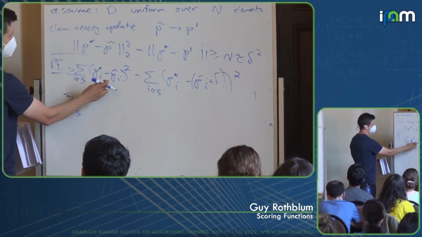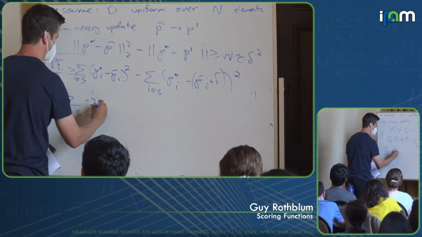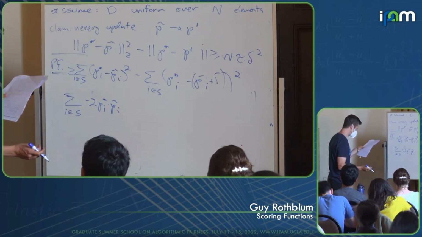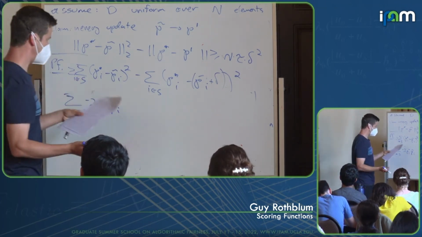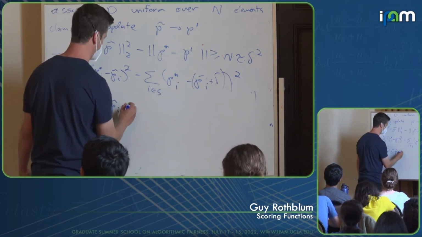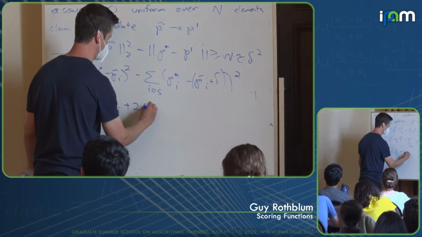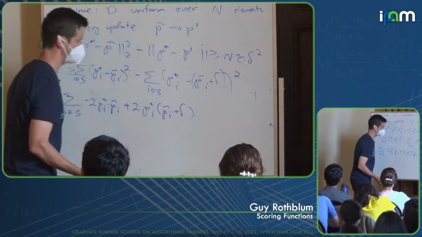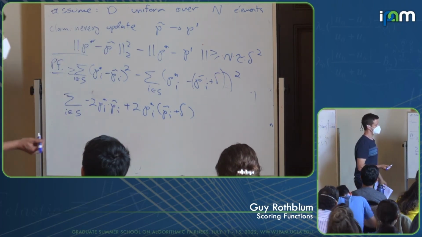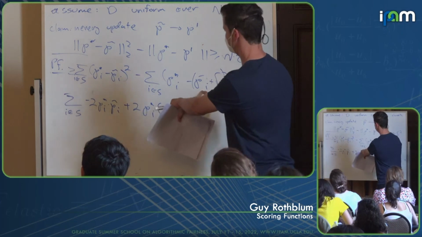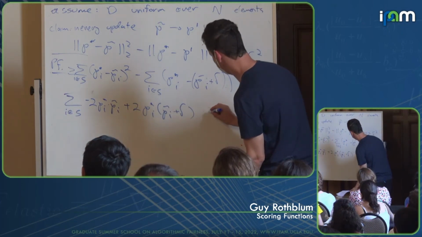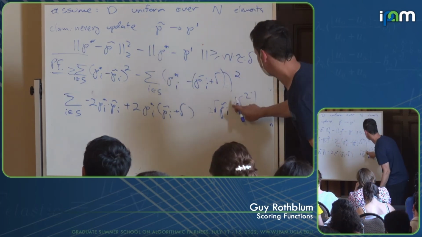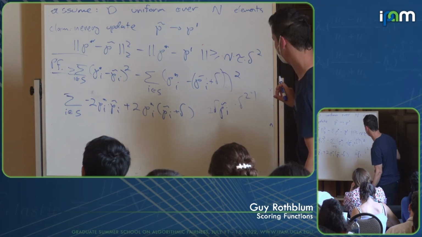And the remaining term, well, here we're going to have minus 2 times p star I times p tilde I. And here we're going to have plus 2 times p star I times p tilde I plus delta. Right? Minus and minus cancel out. The p star I squared is also going to cancel out, and we're going to be left with 2 delta p tilde I plus delta squared. Let me just see quickly what the signs are.